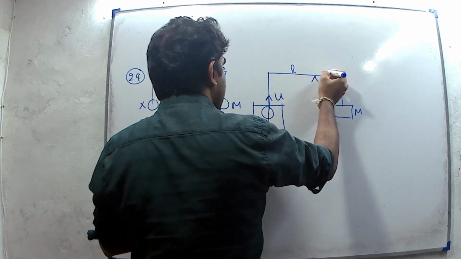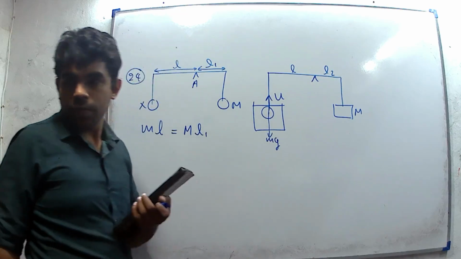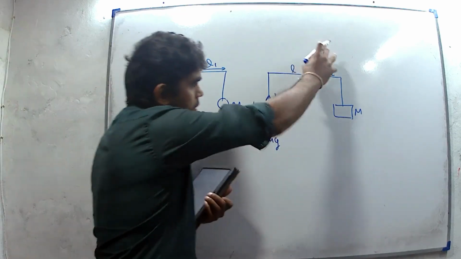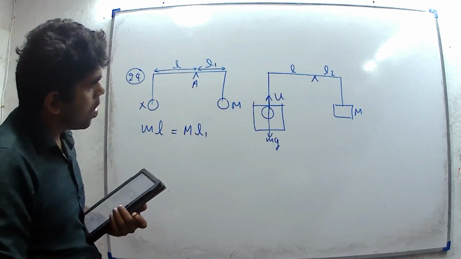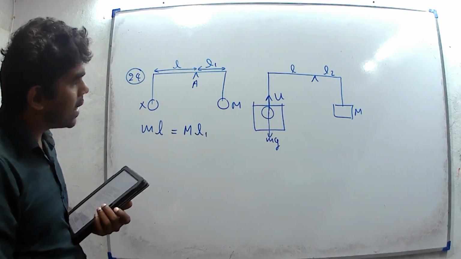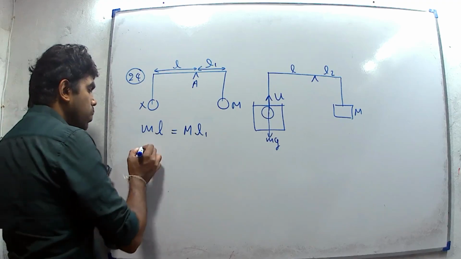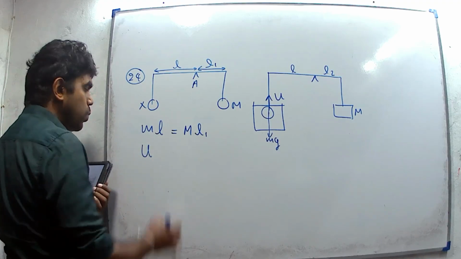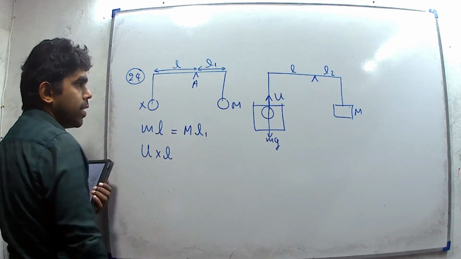Balance length is L2. For this situation, we can get that upthrust on the object, upthrust into length.